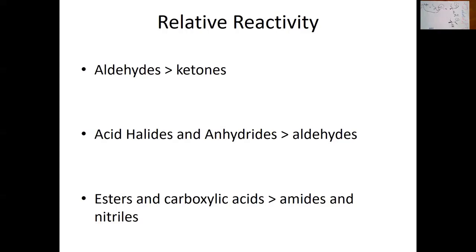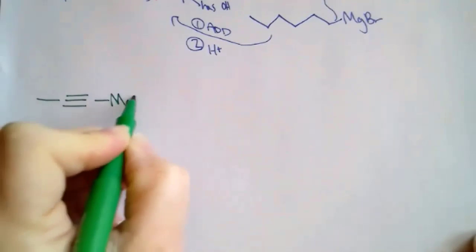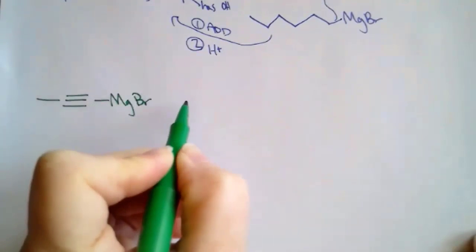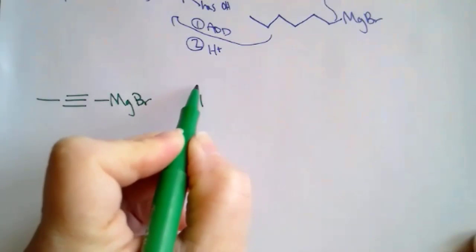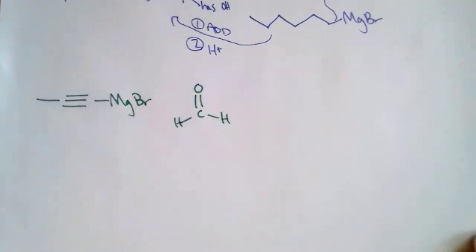Okay, cool. What's next? Aldehydes and ketones mostly do addition reactions. So I feel somewhat confident that you can draw this reaction without me ever drawing it, but I'll draw it anyway. Grignards can react with aldehydes. This is an acetylenic Grignard, but that doesn't matter. We don't care. It's any old Grignard.